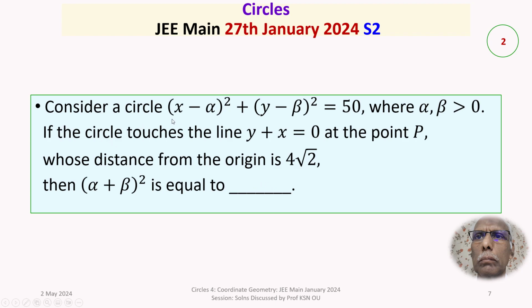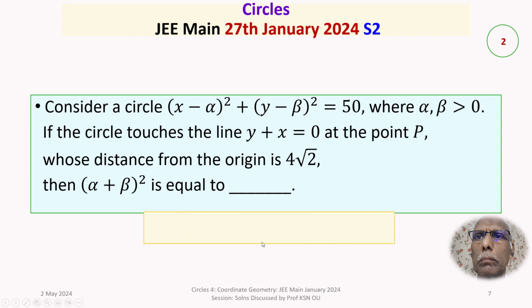So we have a circle (x minus alpha) whole square plus (y minus beta) whole square is equal to 50, where alpha, beta are positive real numbers, and this circle touches this line y plus x is equal to 0 at the point P, and the distance of this point P from the origin is given to be 4 root 2, required to find the value of (alpha plus beta) whole square.